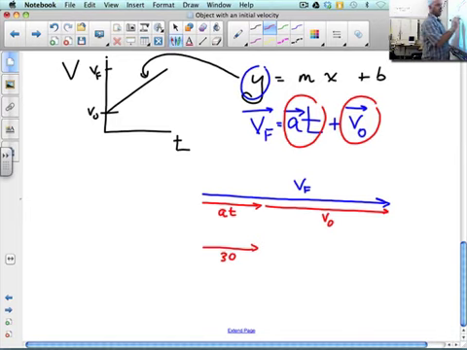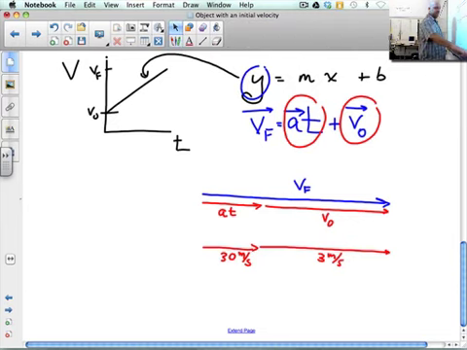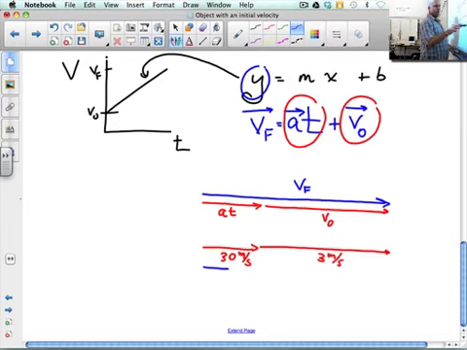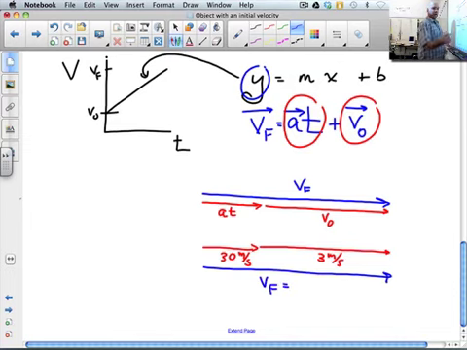And my initial velocity, if you'll recall, was 3 meters per second. So I add these two to get my final velocity vector that starts here and ends here. And you can see right away that your final velocity is 33 meters per second.